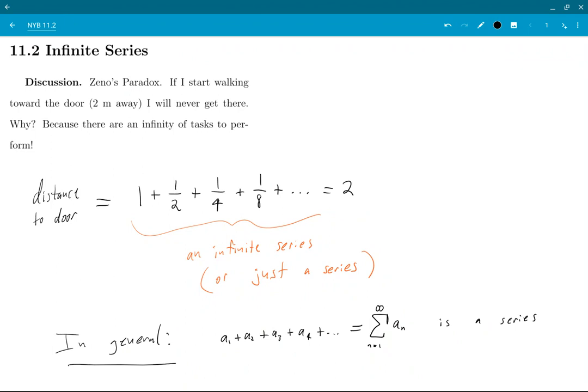So we call this a series of real numbers. Okay, we're going to insist that a n is a real number for all n.